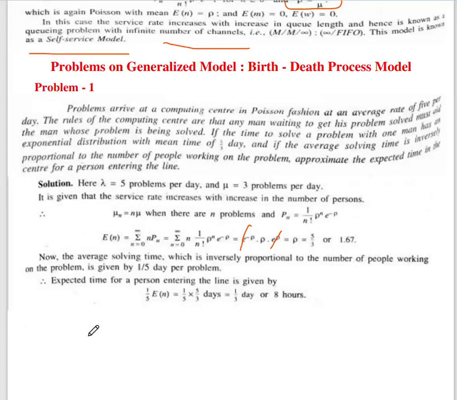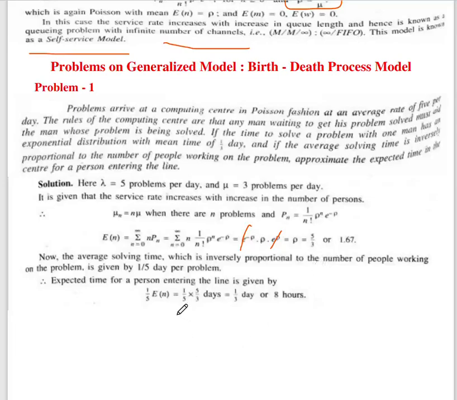Now the average solving time, which is inversely proportional to the number of people working on the problem, is given by 1 by 5 day per problem. Therefore the expected time for a person entering a line is given by 1 upon 5 times expected value of n, where we found E of n is 5 by 3 per day.